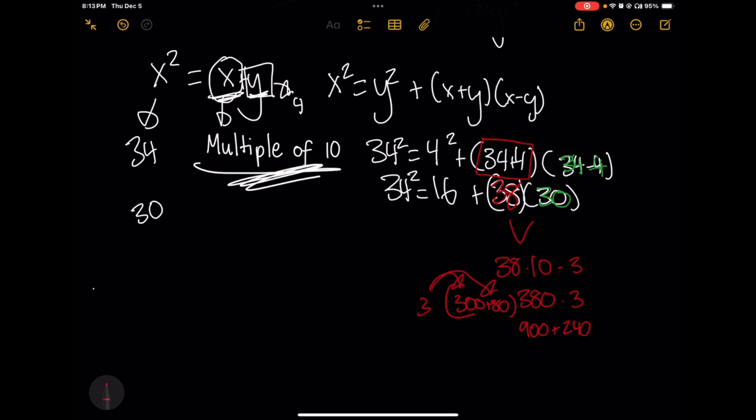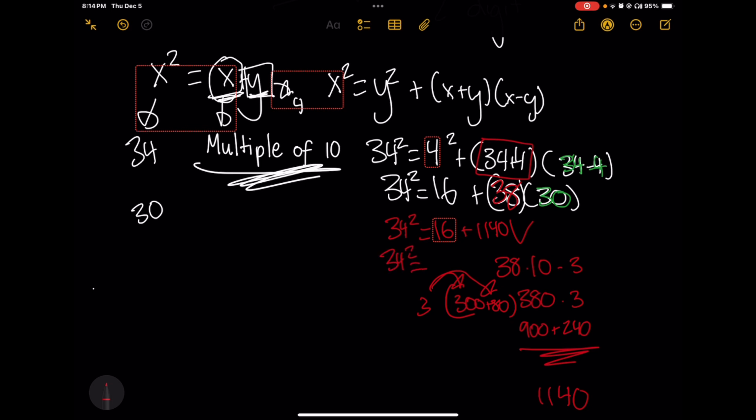So I'd get 900 plus 240, which is 1140. So now I have 34 squared equals 16 plus 1140, which is 1156.